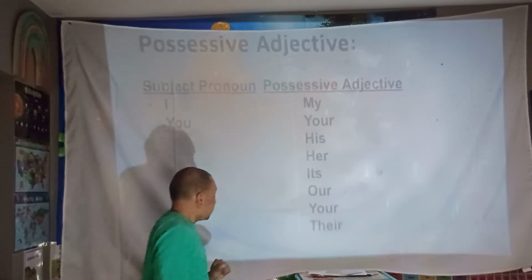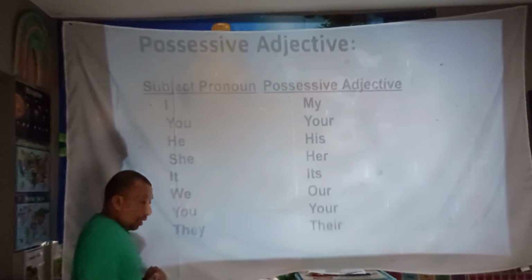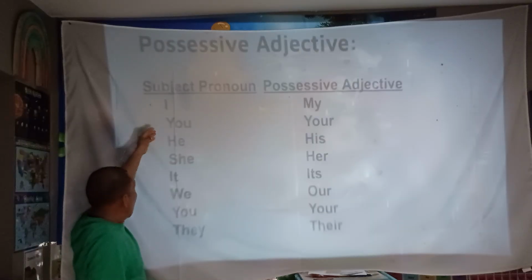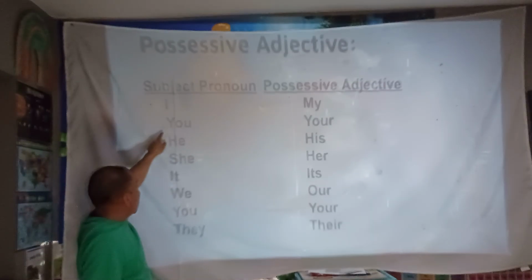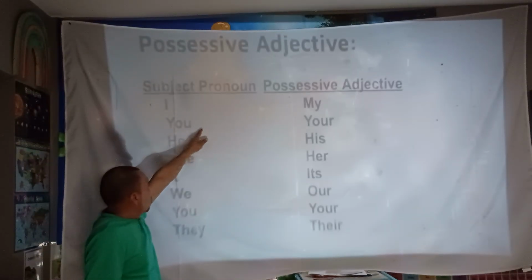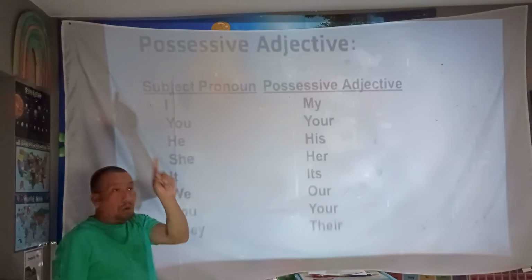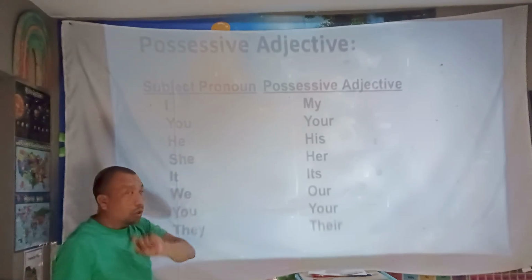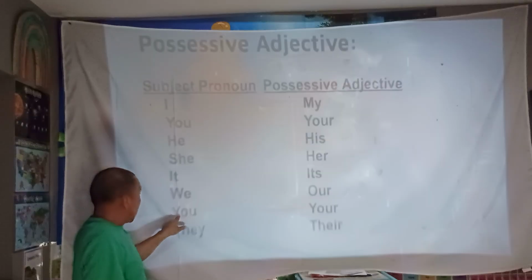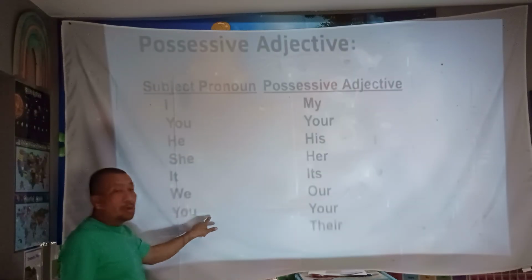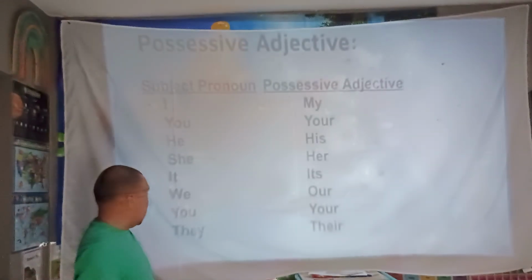Okay? And we already explained why we have two times "you". You know already, "you" is when it's only one person. You. And we have the other one here, "you", which means a lot of people, right?